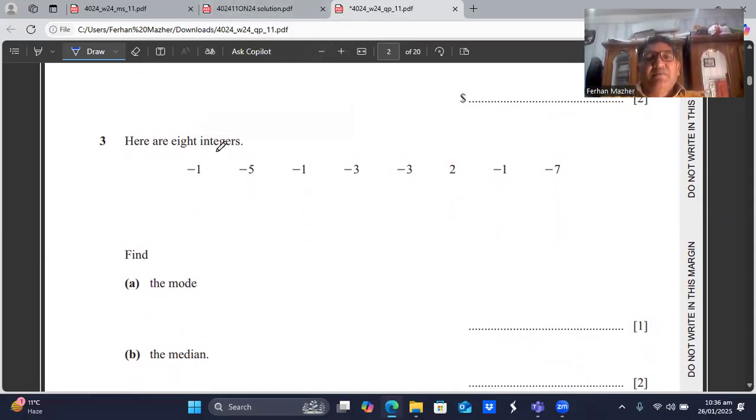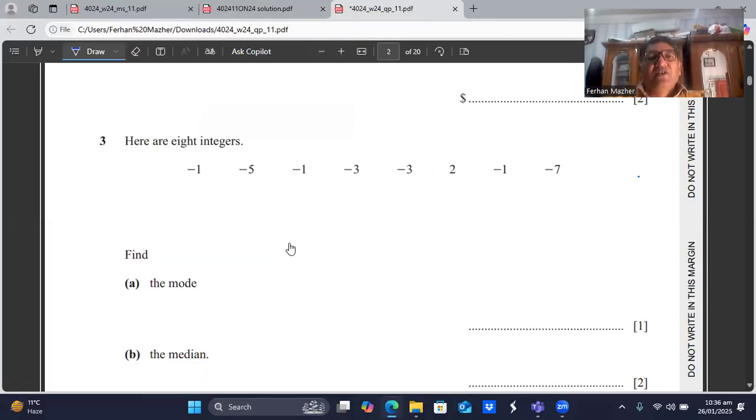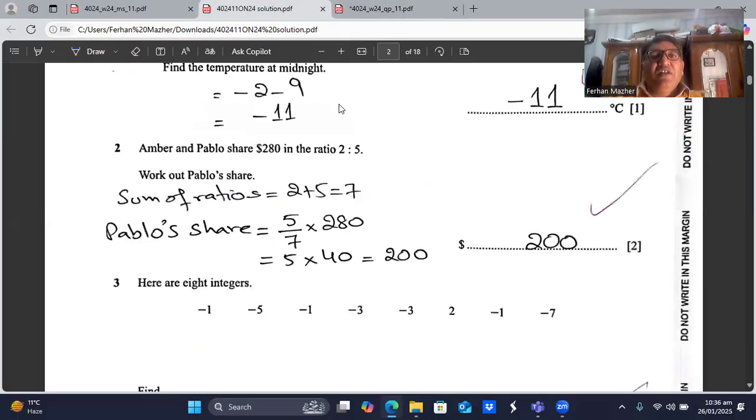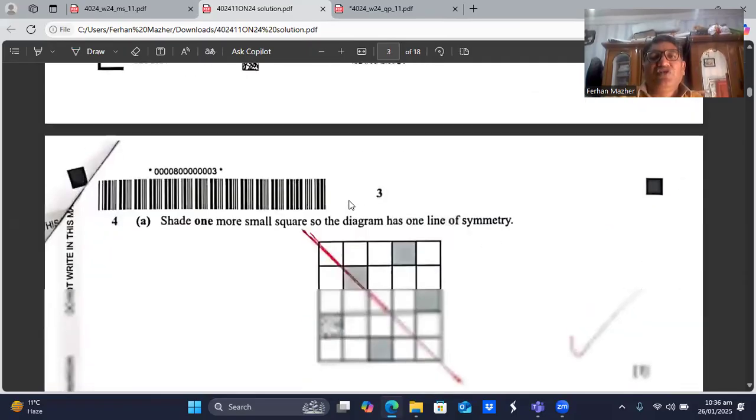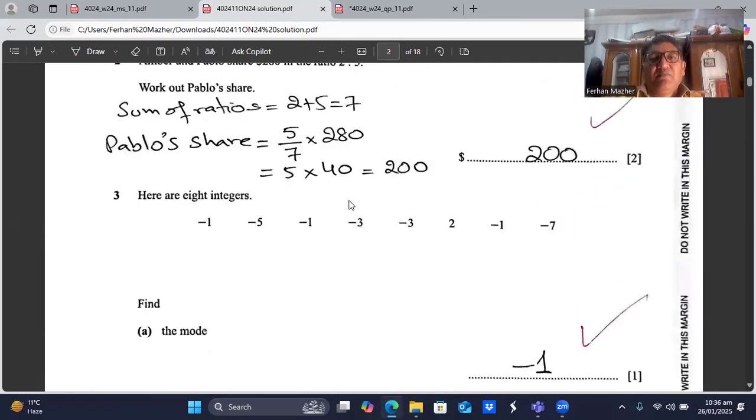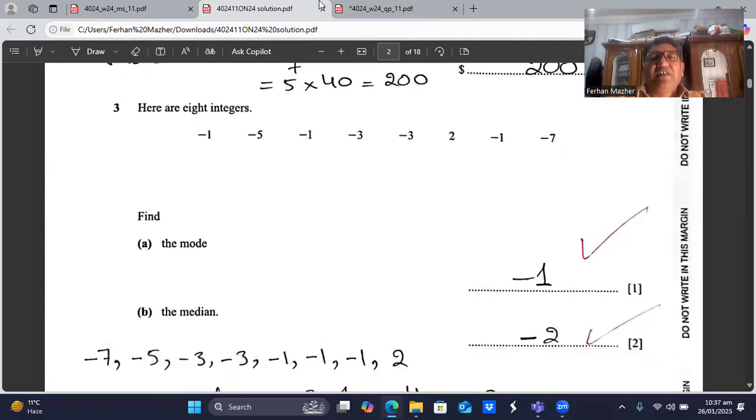So the most repeated number here is -1. -1 has been repeated 3 times, and -3 has been repeated only 2 times. So the mode will be -1.